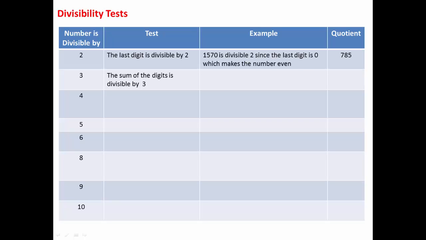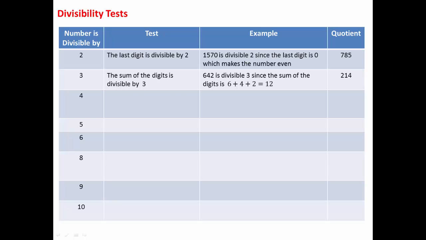An example, 642 is divisible by 3 since the sum of the digits 6 plus 4 plus 2 equals 12, and 12 is divisible by 3. When we divide 3 into 642, we get the quotient 214.